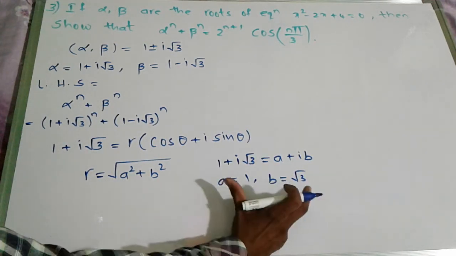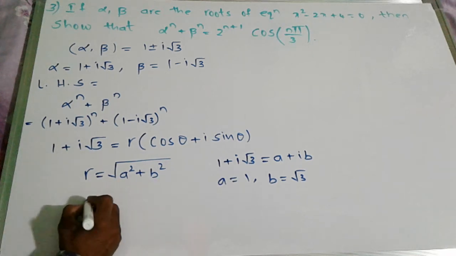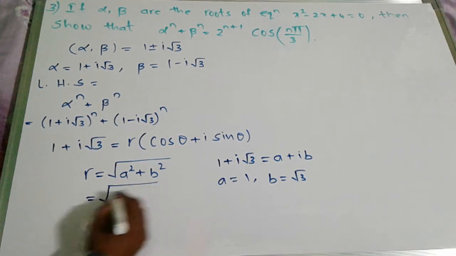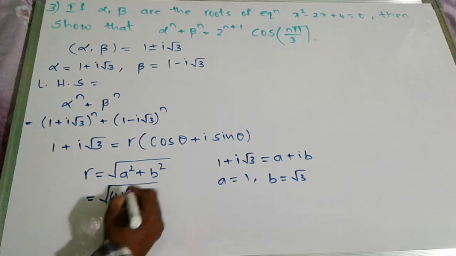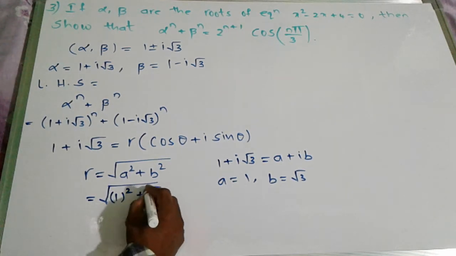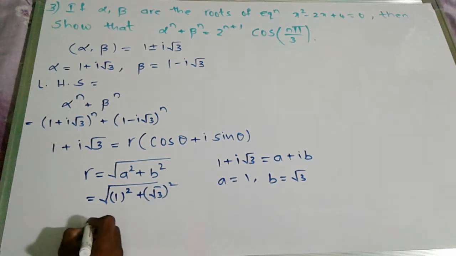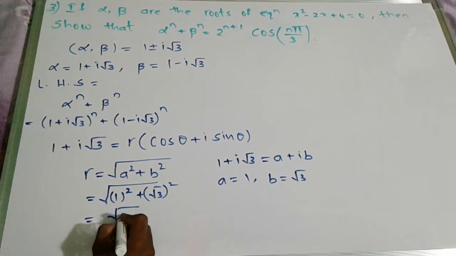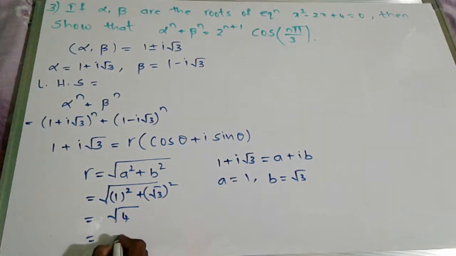And I am substituting these values over here. So we get under root 1 square plus root 3 whole square, which equals root 4, and root 4 means 2. Therefore we got r value as 2.